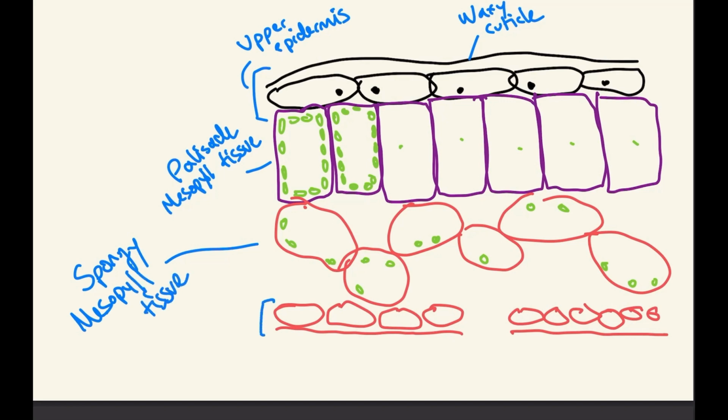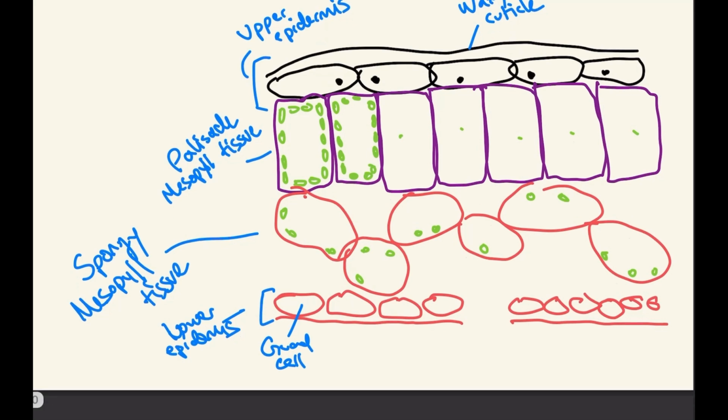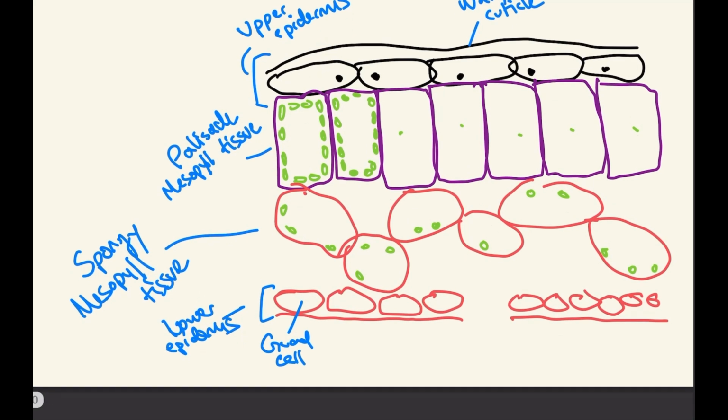And this bottom layer is the lower epidermis. These are called guard cells. And we'll talk about why these are called guard cells later. And this is called the stomata.